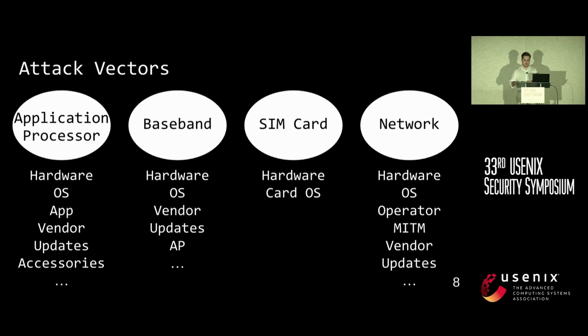So in terms of attack vectors that are currently considered, we have, of course, the hardware, which can have hardware vulnerabilities. You have the operating systems. In previous work, there have been some attacks and exploits against the SIM card operating system and the software on the SIM. But what we want to extend this with are a couple of things.